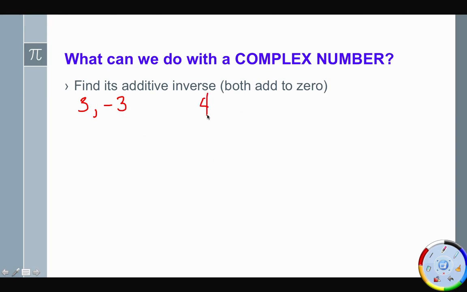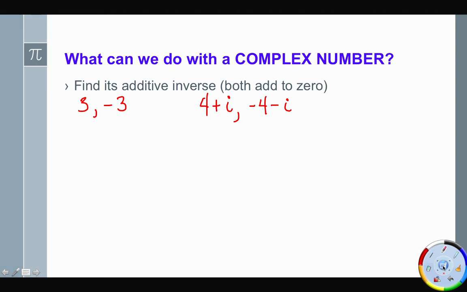If I talked about 4 plus i, its additive inverse is negative 4 minus i, because if I added these two things together, I get 4 minus 4, which is 0, and i and minus i, which is also 0. So it's the opposite things here to make them add up to 0.